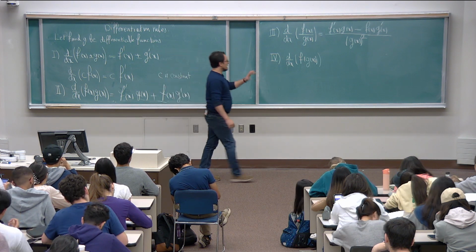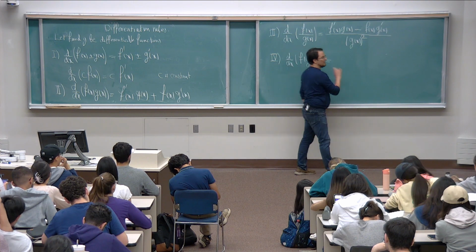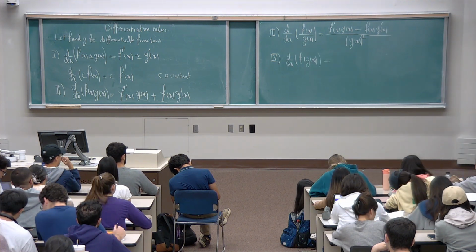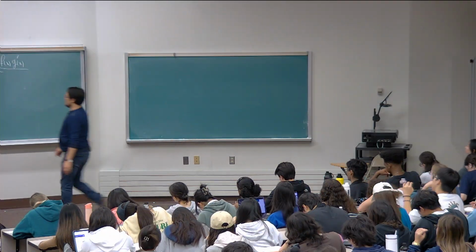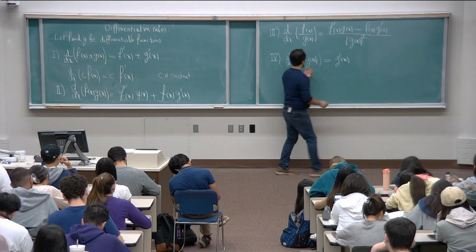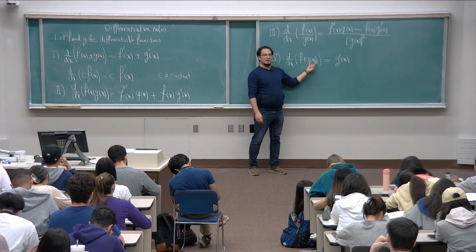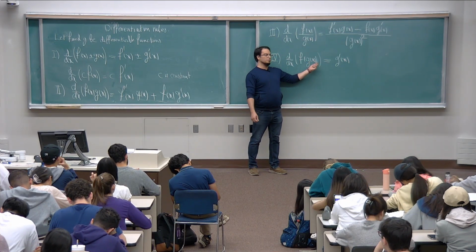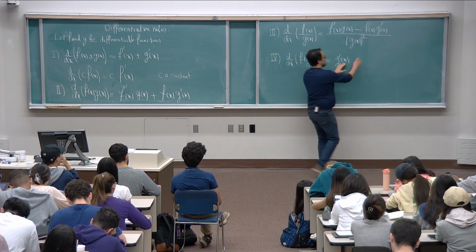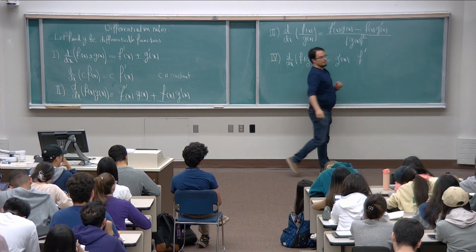You can read this in different ways, but I like to keep it as inner function, outer function. We call it the chain rule because you start from the innermost function and you move out and differentiate one by one. So the inner one, then the outer one.